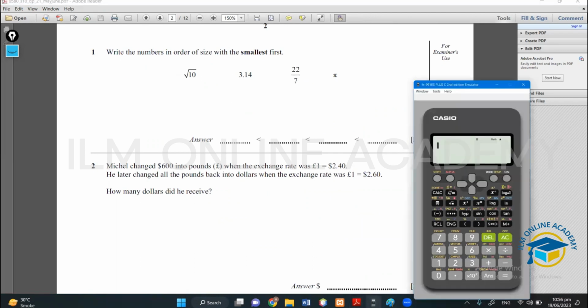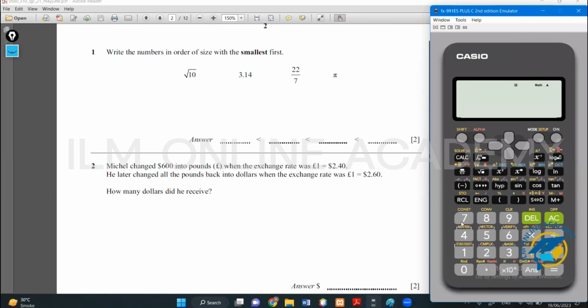So for this, we will use a calculator, and first we will find out the exact value of root 10. So root 10 equals 3.16.